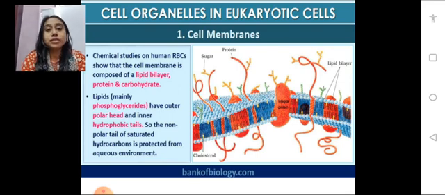Now, the first structure we will study in detail in eukaryotic cell is the cell membrane or plasma membrane. If you see in the image, this is a schematic diagram of a plasma membrane. We know plasma membrane is present in both plant and animal cell, right? And this plasma membrane is made up of chemicals, of course.